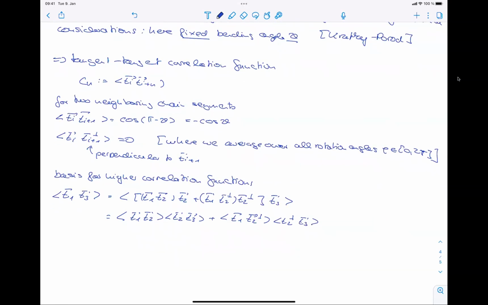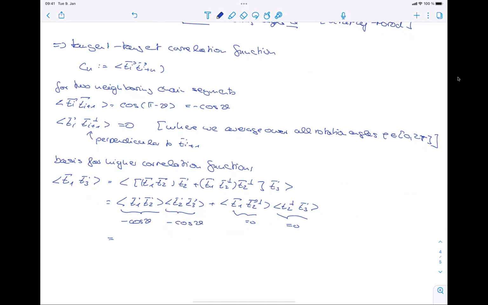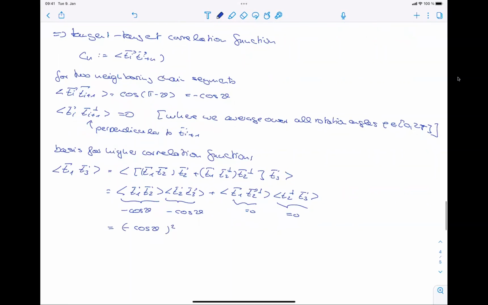Now, as we stated up here, this correlation with the perpendicular version, this is 0, same for the reverse. And these, we also just calculate because these are then the nearest neighbors correlation. So this gives me minus cos theta, and this gives me another minus cos theta. So that in total we have here minus cos theta squared.